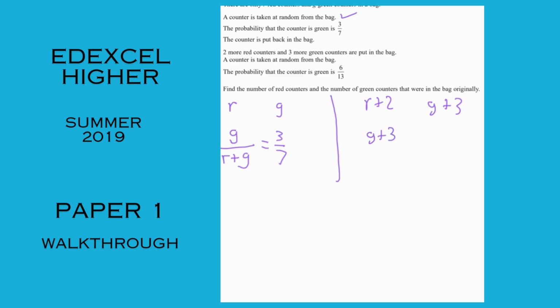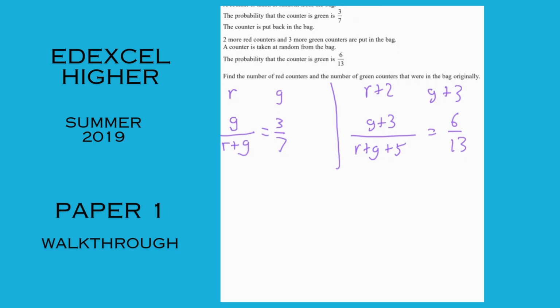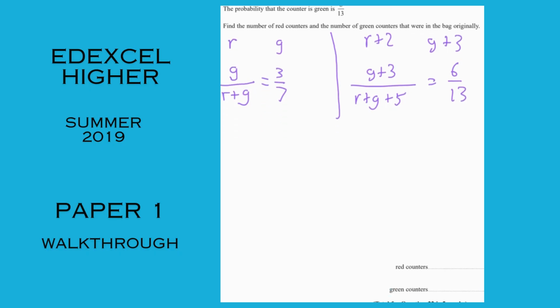G plus 3. How many counters in total are there? R plus G plus 5 is 6/13. So, as you can see, people, simultaneous equations, lovely.